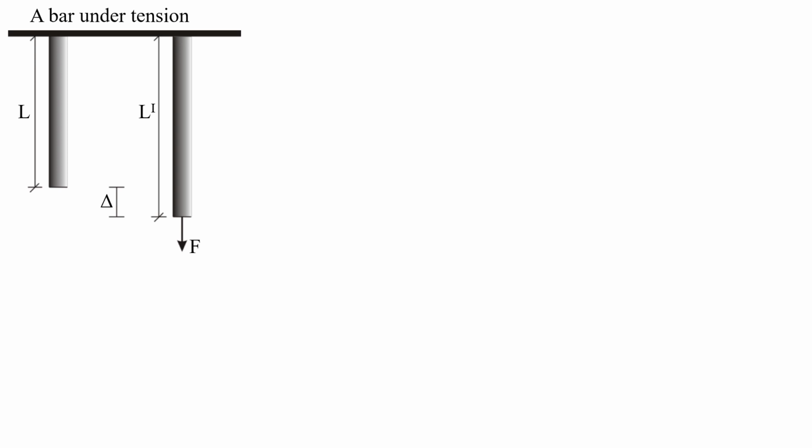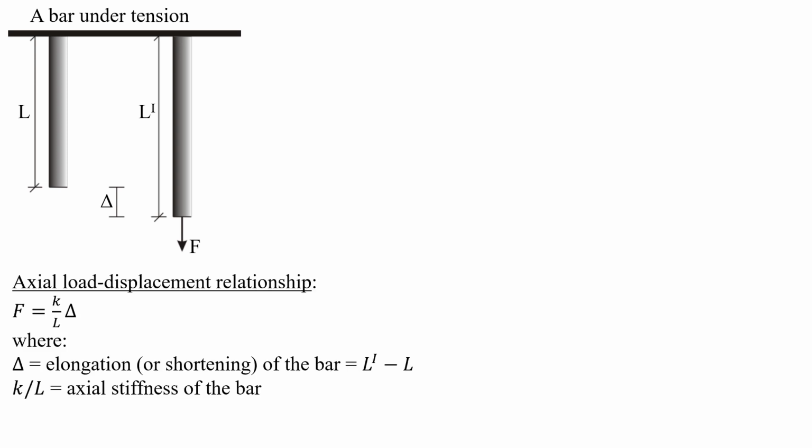Use the term delta to describe the additional length. So the actual load displacement relationship: force F equals K divided by L times delta, L being the length, and delta meaning the additional length gained.